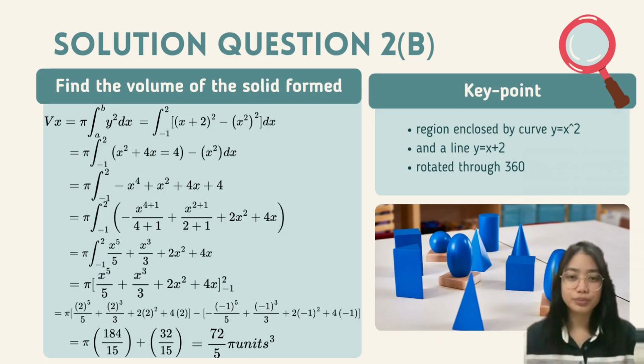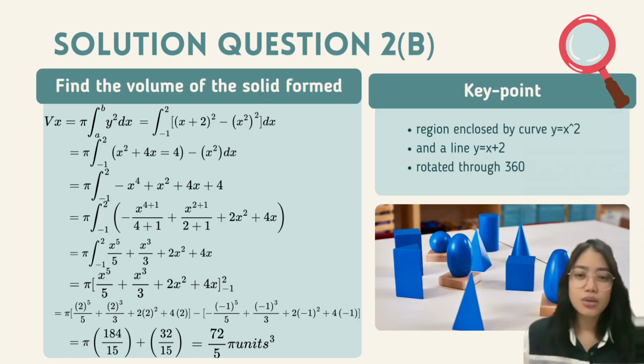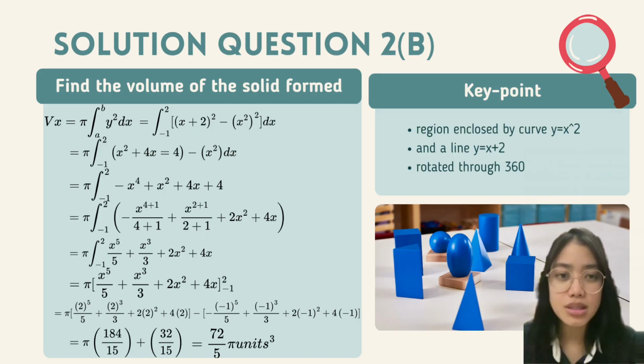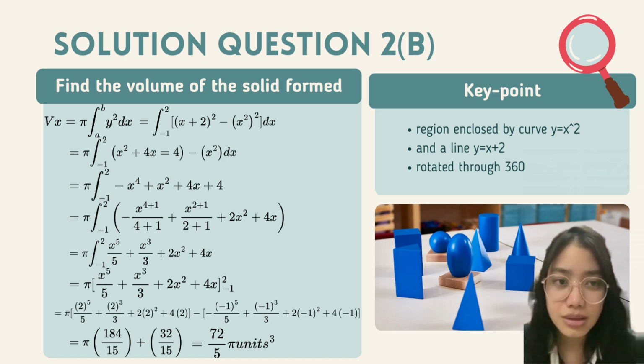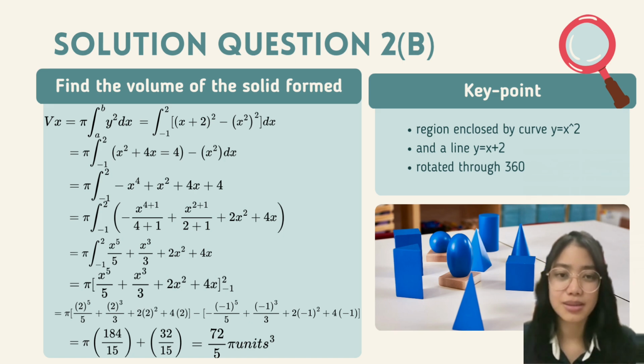So our full equation is pi times the integral from -1 to 2 of (x plus 2) squared minus (x squared) squared dx.